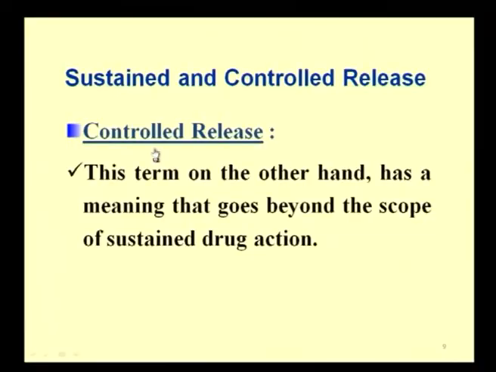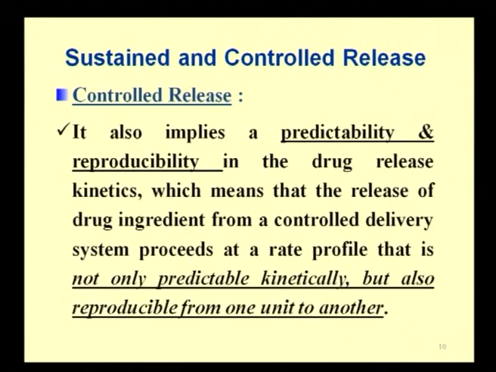Whereas, the controlled release is slightly different from the sustained release. Sustained means it is there throughout the period. Controlled release, as the term says, is a controlled form of release. This term, on the other hand, has a meaning that goes beyond the scope of sustained drug release or sustained drug action. What does it mean then?